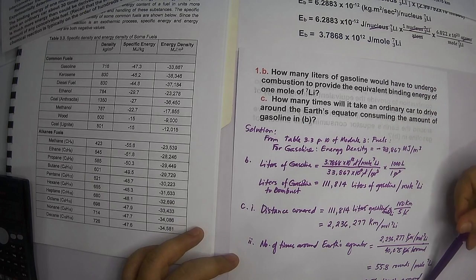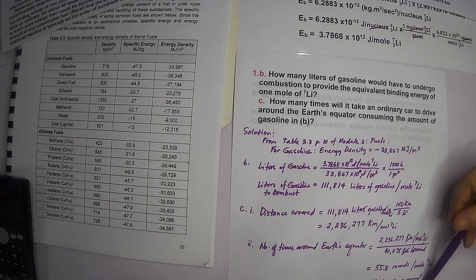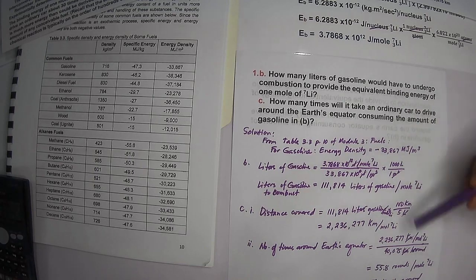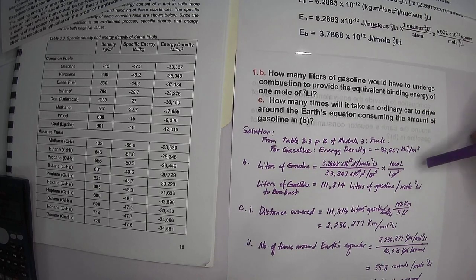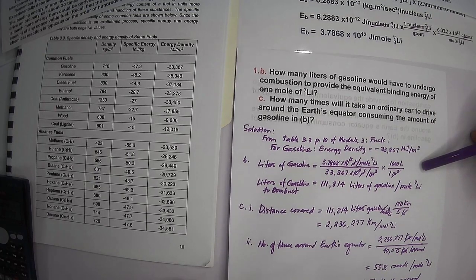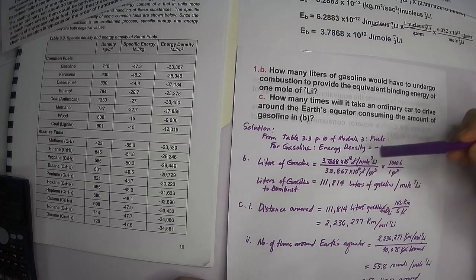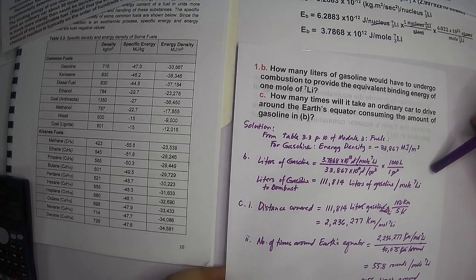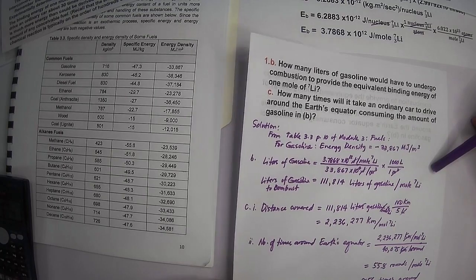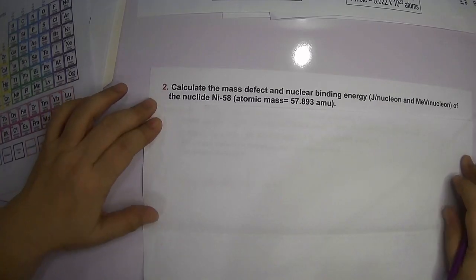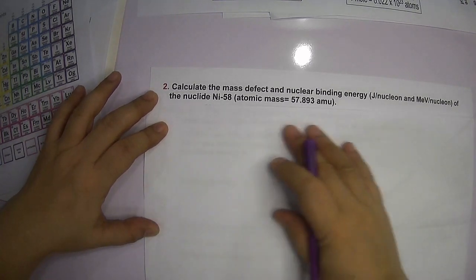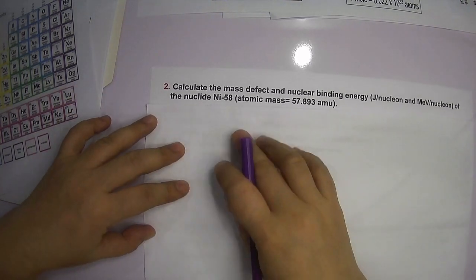Thus it will take you 56 times around the Earth equator to use up that energy using our ordinary car, by burning an equivalent gasoline of 111,814 liters.